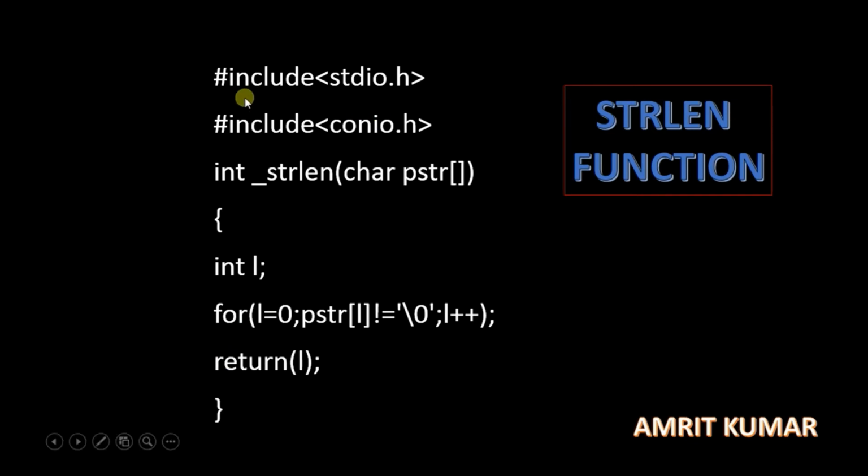So this is #include <stdio.h> and this is #include <conio.h>. stdio stands for standard input output header file and conio stands for console input output header file. After declaring these two header files, I am creating my own function which finds the length of the string given by the user.